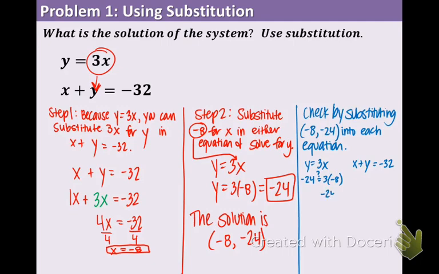Yes, negative 24 equals negative 24. It works. Now let's try the next equation, negative 8 plus negative 24. Adding two negatives means you're getting more negative, and yes, it equals negative 32. So it works, and we are complete with the first example.